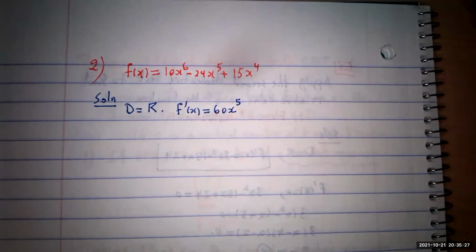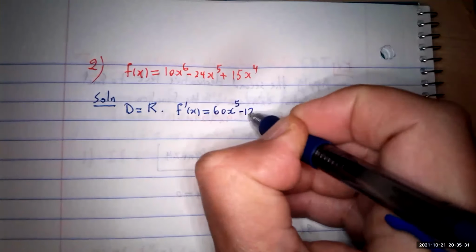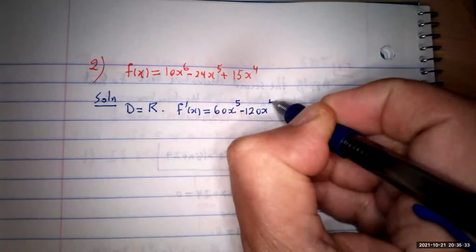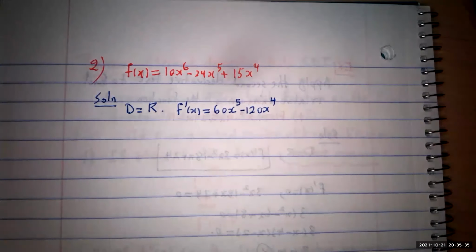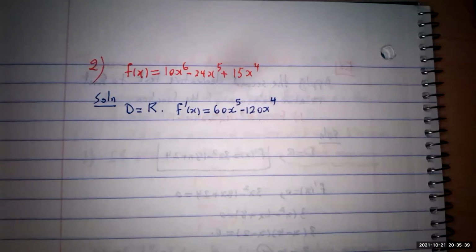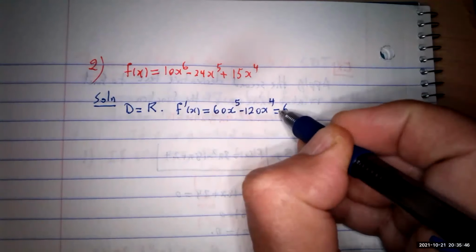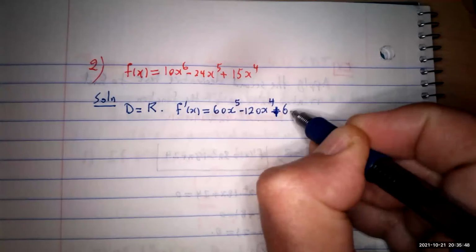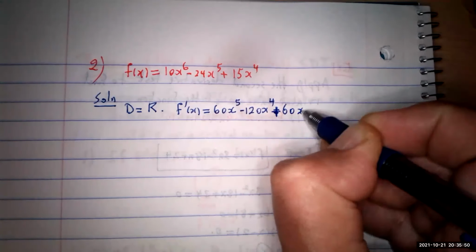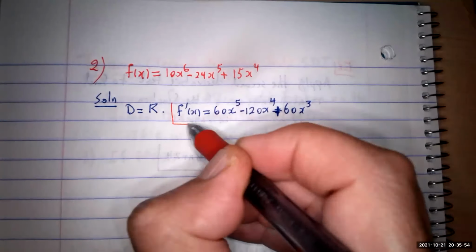And the minus 24 times 5, which is 120, so minus 120x to the 4th. And the next one is 5 times 15, which would be 60, so plus 60x cubed. So this is going to be your f prime.